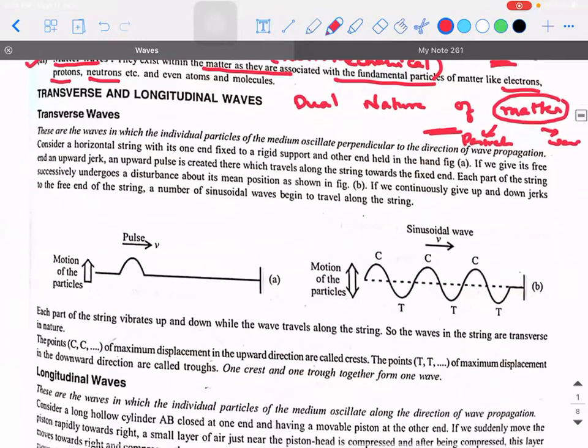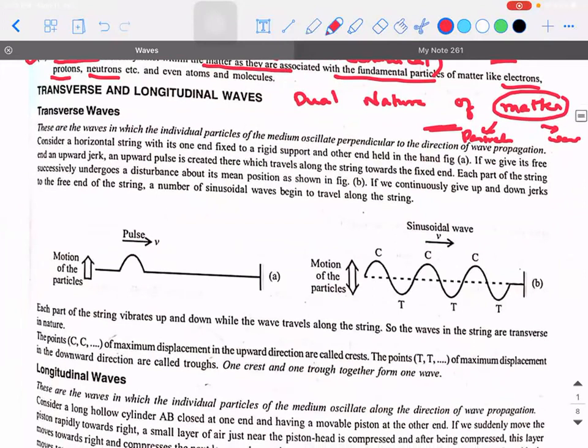The next two types of waves that we are going to see are transverse and longitudinal waves. Have you heard these terms? Can you give me an example of longitudinal wave? It's there in your 9th standard.